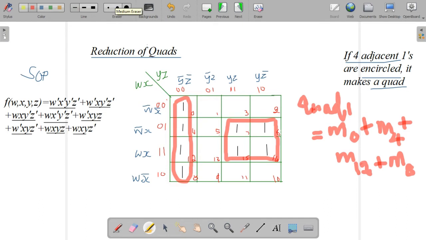This is chord 1. So we got chord 1 from m0, m4, m12 and m8. By that way we got that value set.